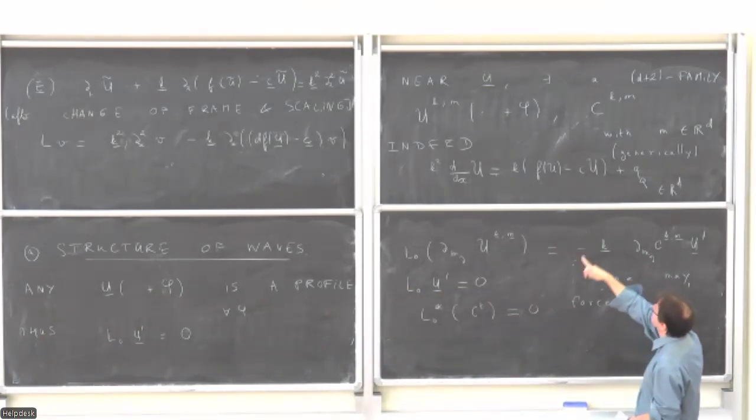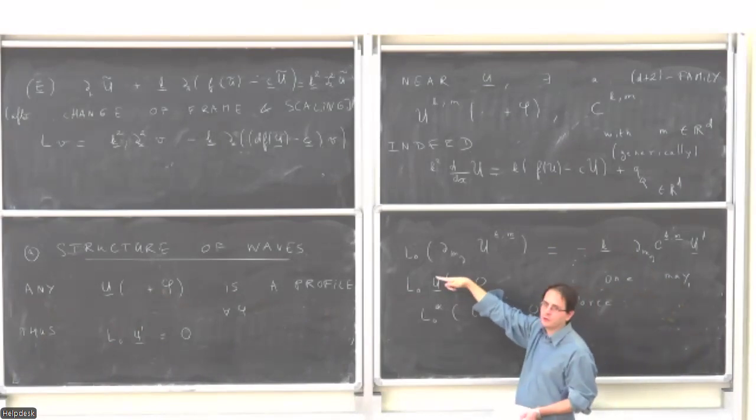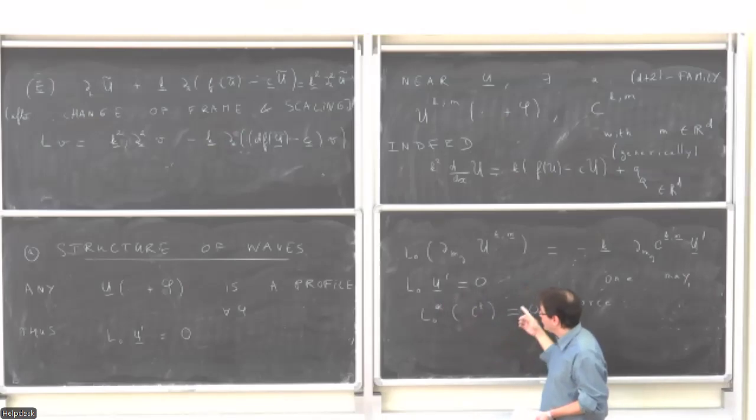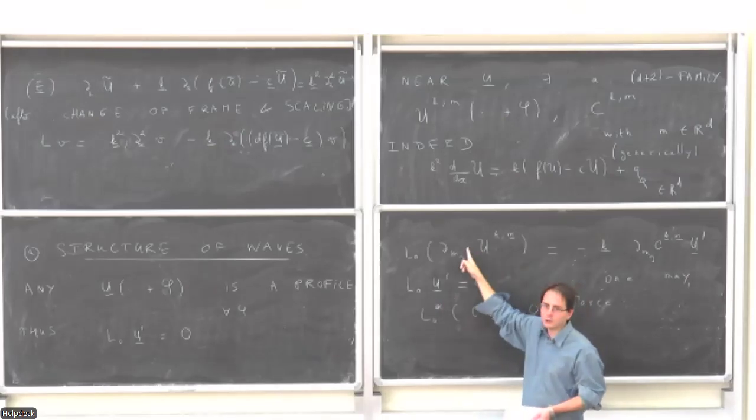When you pair a constant with U prime, it's always zero. So this is already orthogonal to all the constants, because that's the derivative of something very big. The derivative of a constant is zero. So if you want to force some duality, it can only come from the other.